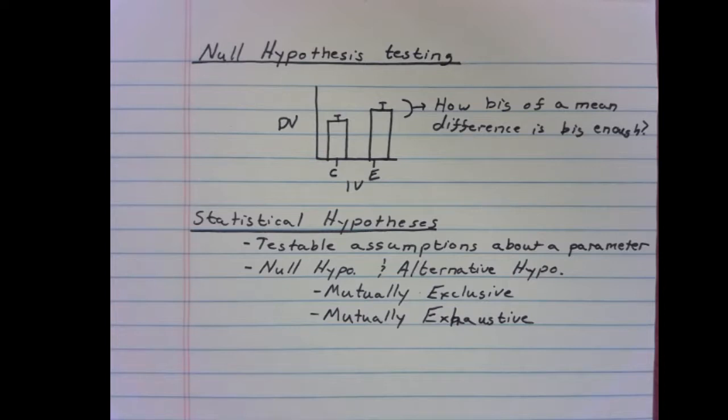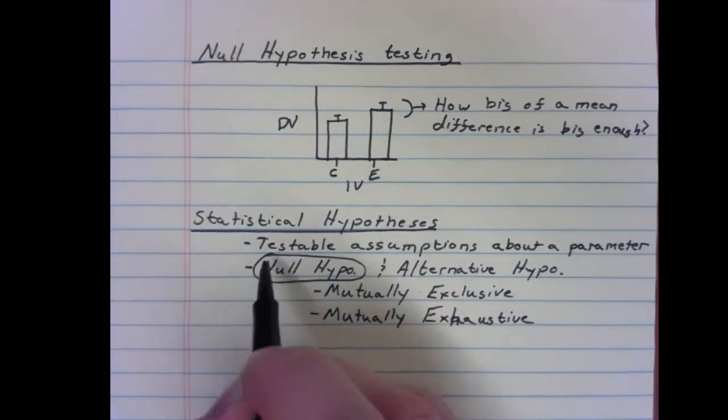So, really what we're saying here is these are the only two situations or states that reality can be in, and if one is true, the other must be false, and if one is false, the other must be true.